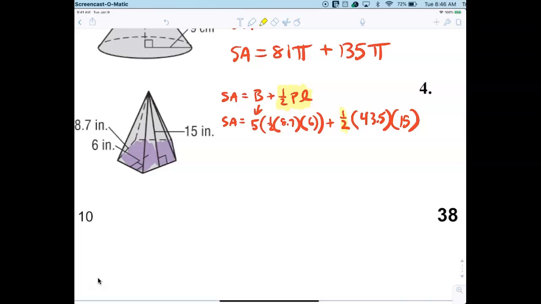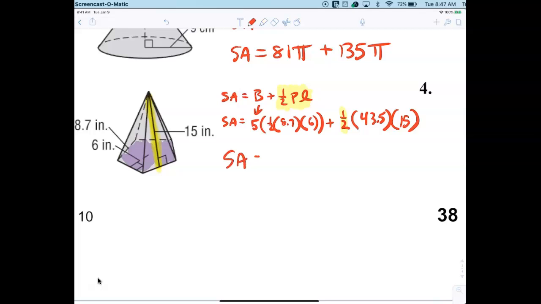The 43.5 comes from 8.7 times 5. That would be the perimeter. And then the slant height is actually just the height of the triangle. That's what I'm trying to draw out right now. All right, that's the height. Yes? So now, on this right here, it's all decimals, so it's good.